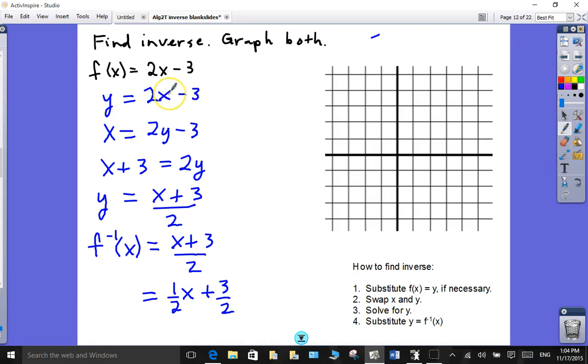2x minus 3 is a straight line, has a y-intercept of -3, has a slope of 2. So it should look like this.